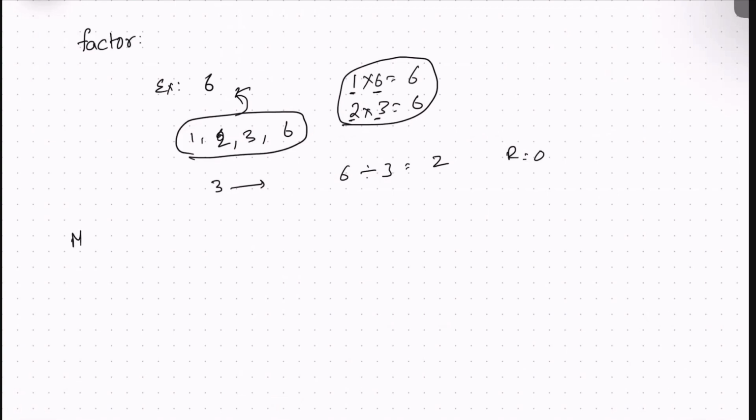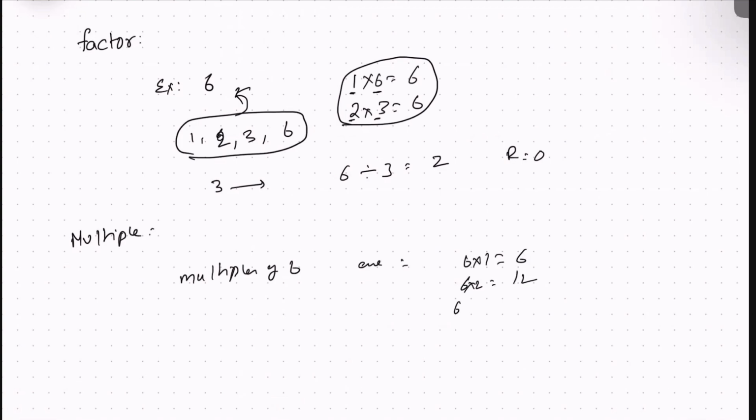Then what is a multiple? A multiple is a number which is obtained when you multiply a number with another number. For example, the multiples of 6 are 6 times 1 is 6, 6 times 2 is 12.